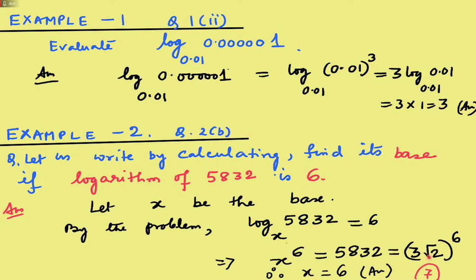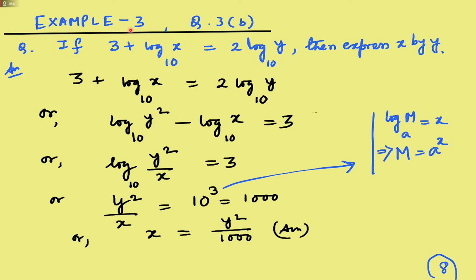You can get it by factorizing this number. Hence, by the laws of indices, you can write x equal to 3 root 2. So first, we have to use the definition of log, and then we are using the laws of indices.